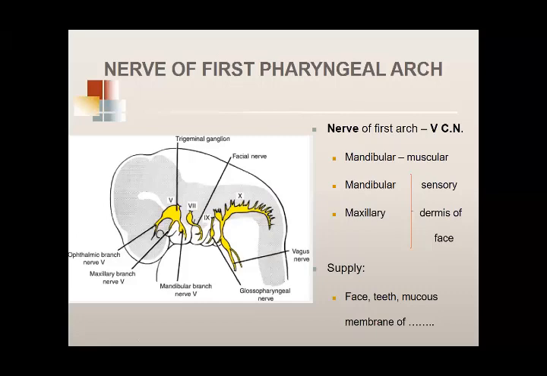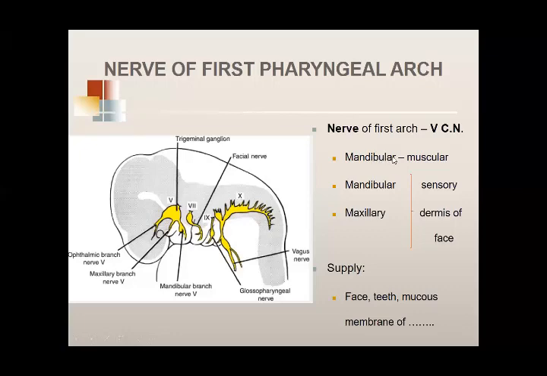That is why the mandibular nerve was said to be a mixed component of the 5th cranial nerve. The other two components, namely the maxillary and the ophthalmic, are purely sensory components of this nerve. But the mandibular component supplies muscles and also gives sensory innervation.